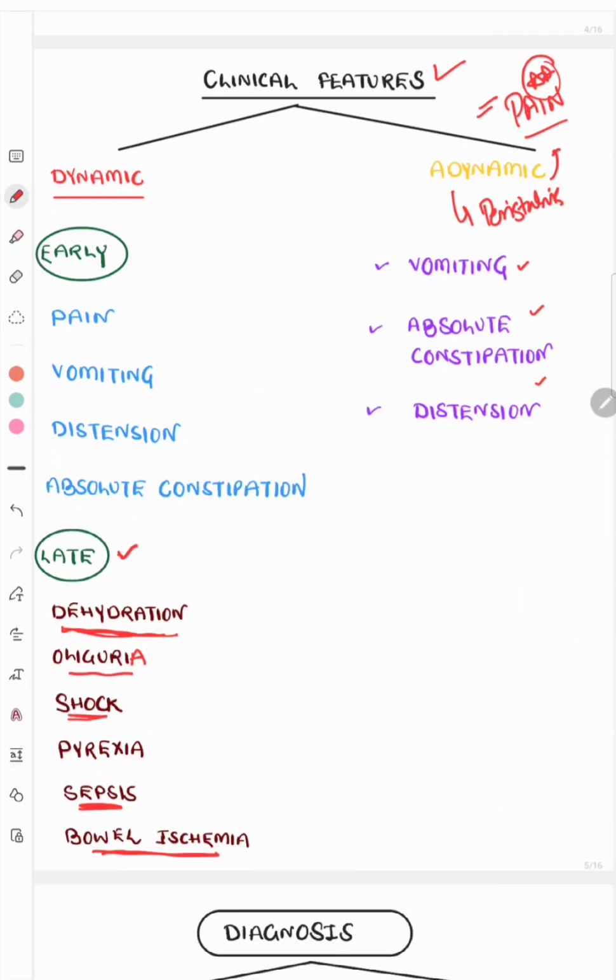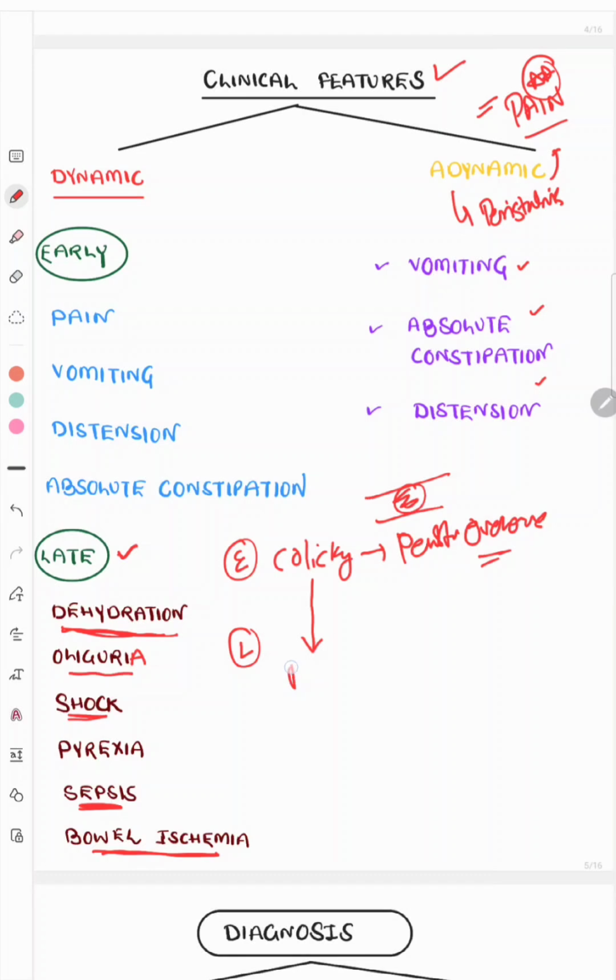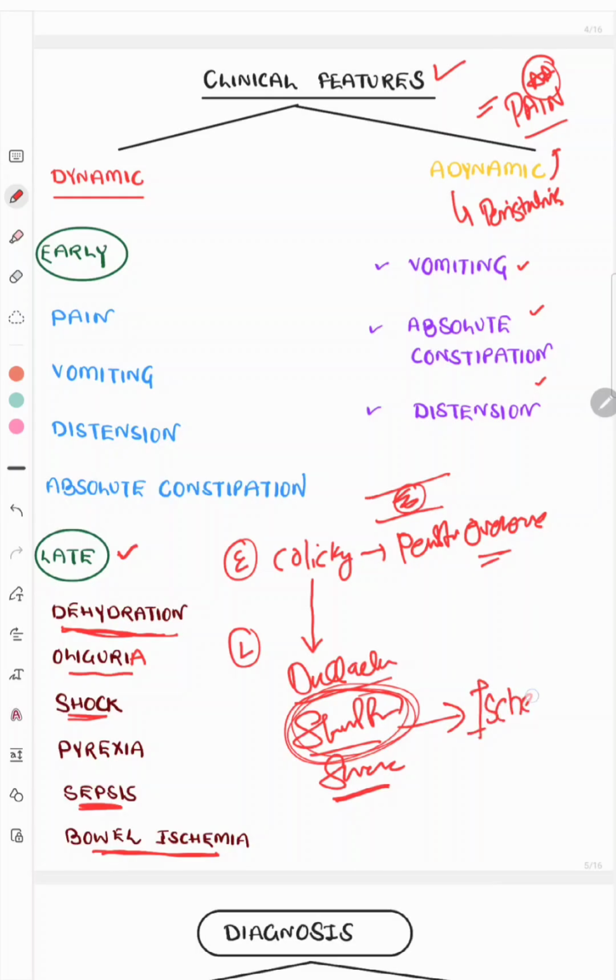And one thing is more important to remember: pain. If the pain is colicky, it is due to the peristaltic movement which tries to overcome the obstruction. The pain is colicky in early stages, but in later stages if the patient complains of dull aching or sharp pain of severe intensity, then it will point toward ischemia of the bowel.